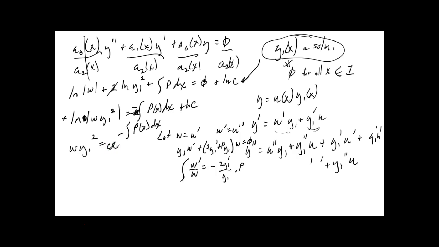However they did it. Now, let's isolate the W. So we'll divide everything by y1 squared. So W of x is equal to c e to the minus integral of p of x dx over y1 squared. Okay?